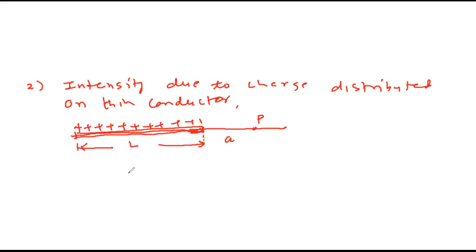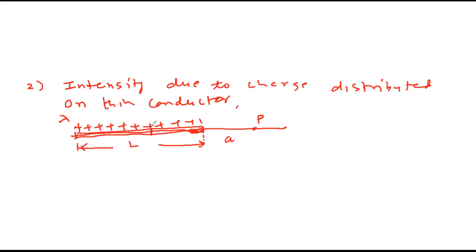Sir, done. So suppose lambda is the charge per unit length on the conductor. We want intensity at P. See, from point charge, I know intensity at distance r is kq upon distance squared. This is not a point charge, this is distributed charge.